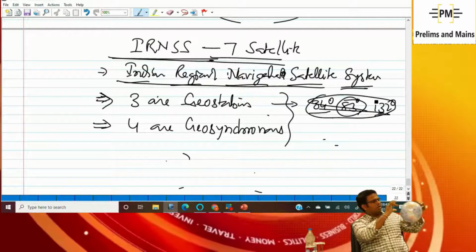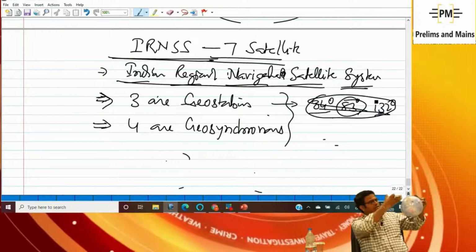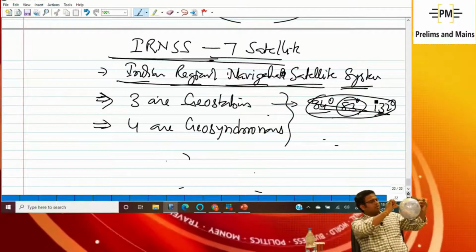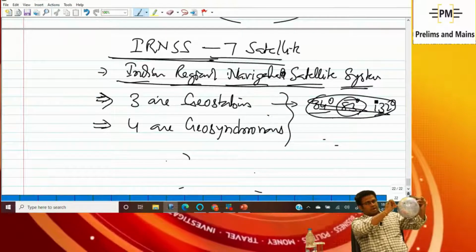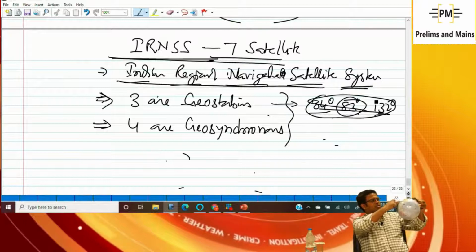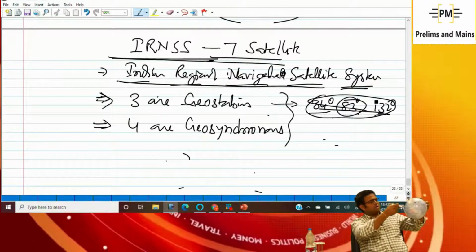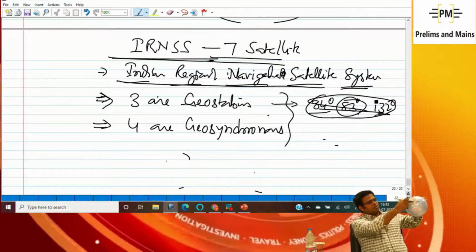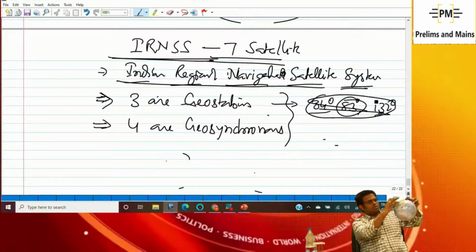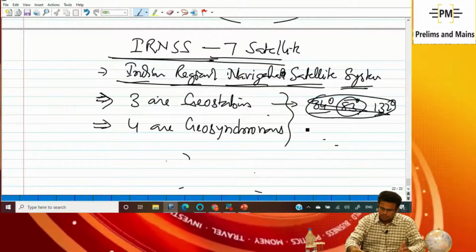One is here at 34 degree longitude, these are known as longitudes, and one is above the equator at 83 degree and then 132. So these are the three along the equator, 34, 83, 132, and the two geosynchronous ones make some angle. One is covering like this, another is also covering India in a better way. So better coverage of India.